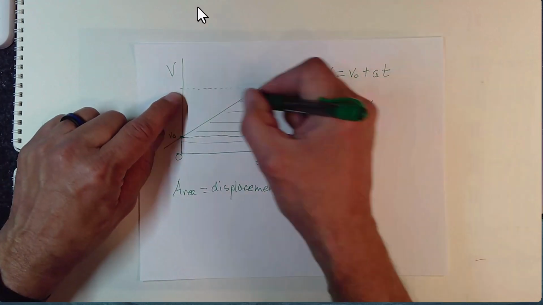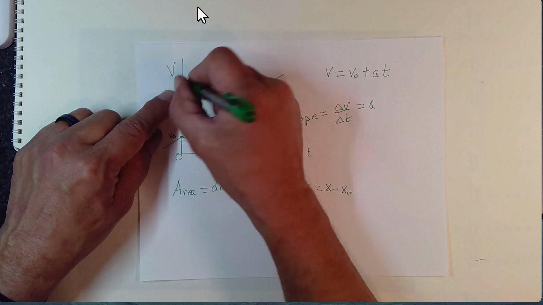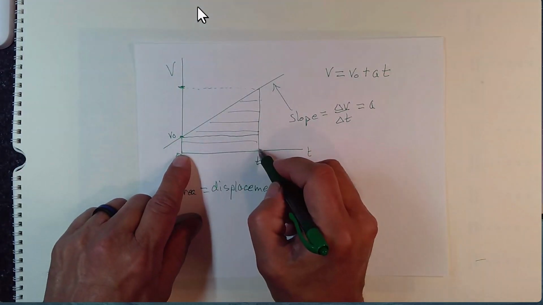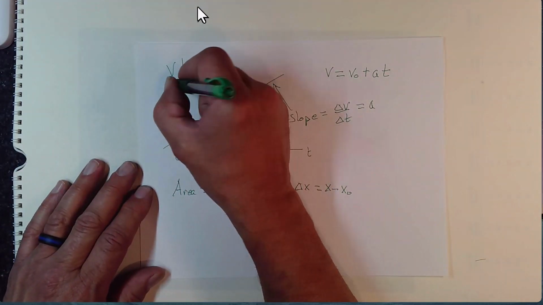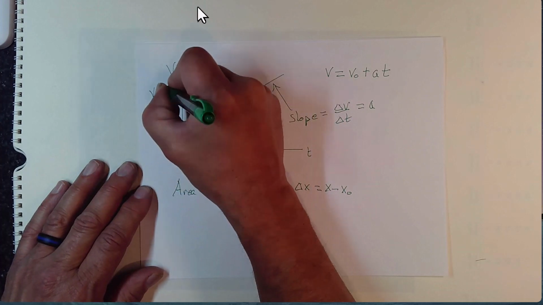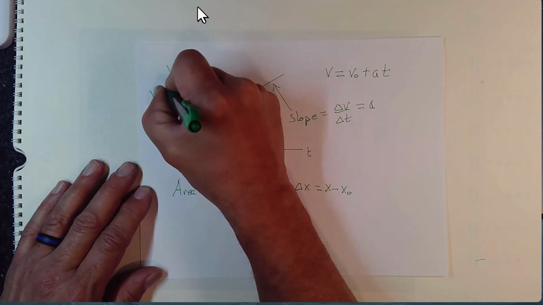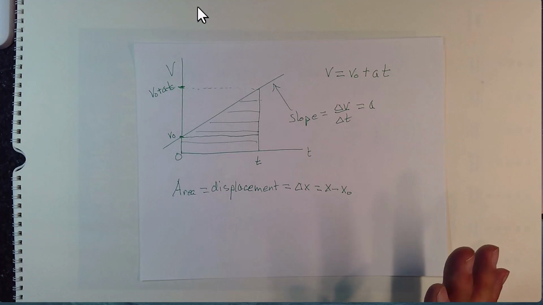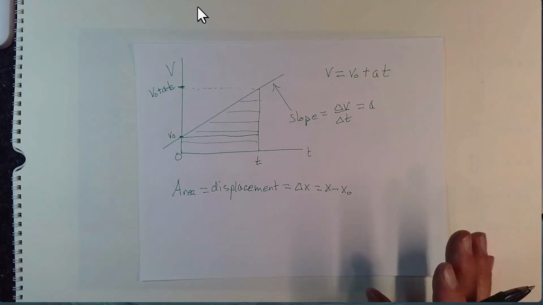Okay, that's going to be the height up here. We've gone over a time t there. This will equal v0 plus at. So far, I'm just playing with linear equations.